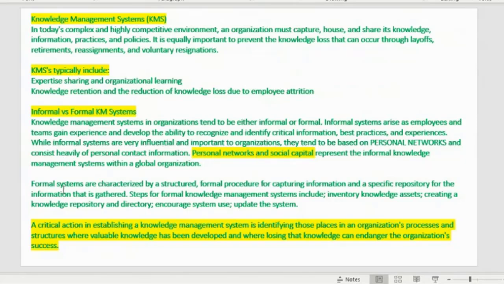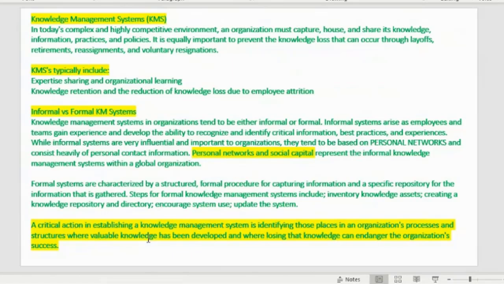Now, formal knowledge management systems are characterized by a structured formal procedure for capturing that information, and there is a specific repository for the information that is gathered. Now, the steps for formal knowledge management systems will include inventory knowledge assets, creating a knowledge repository and directory, encourage system use, and update the system.